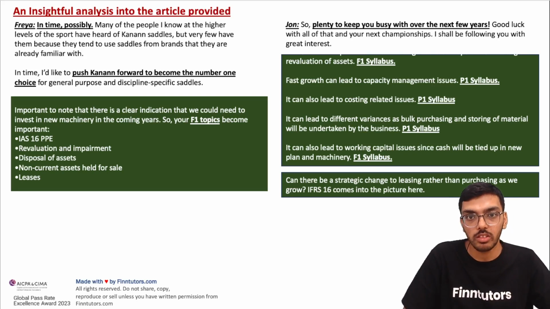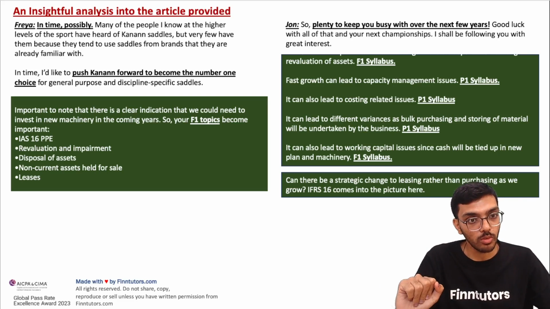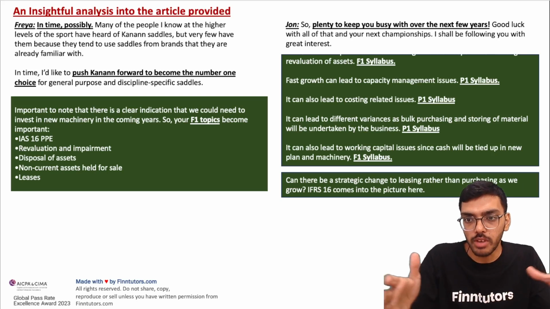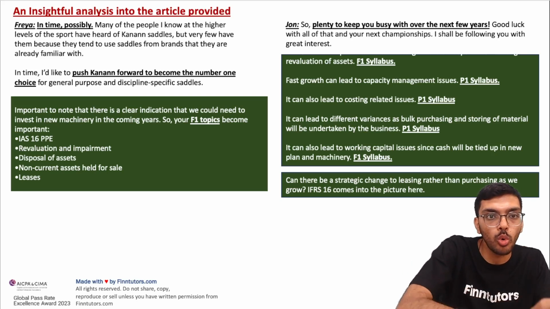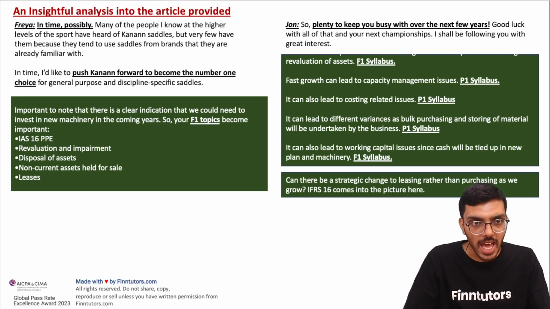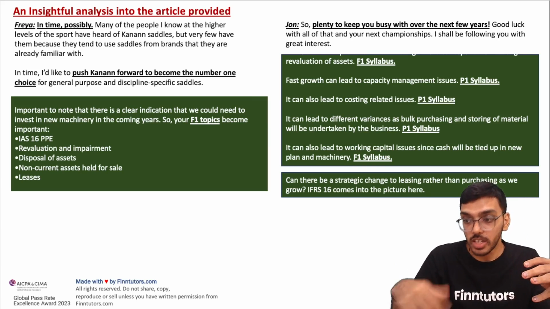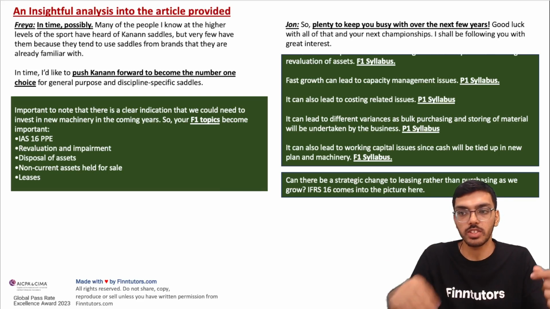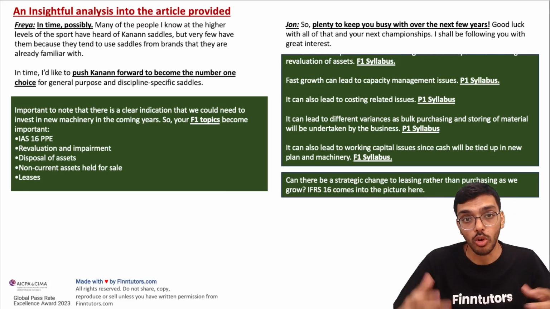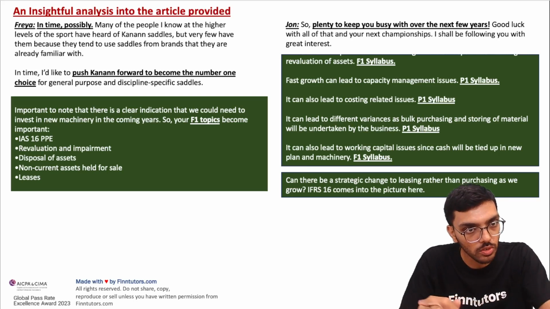Very, very clear idea being given over here, because it's clearly saying that as of now, we know Kanann as a business only makes general purpose saddles used for trail rides, hacking, etc. But a discipline specific saddle is one which can be used by experts in show jumping, dressage, or other horse championships, or competing sports.